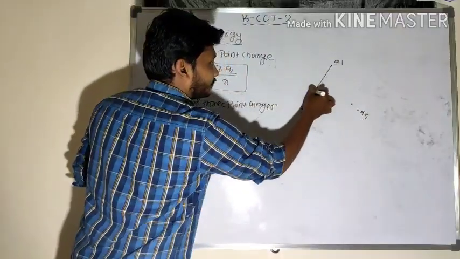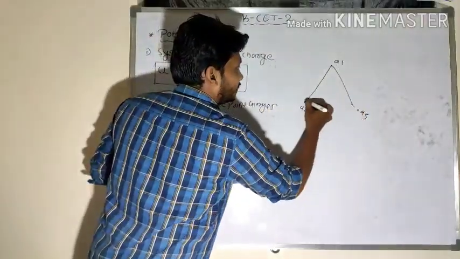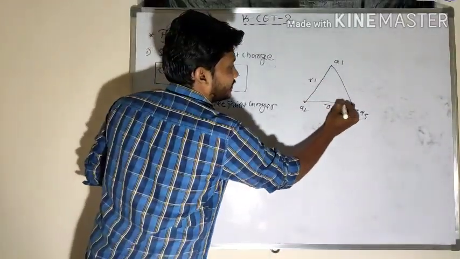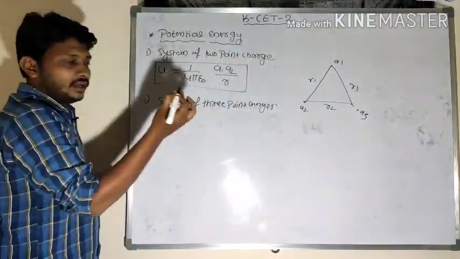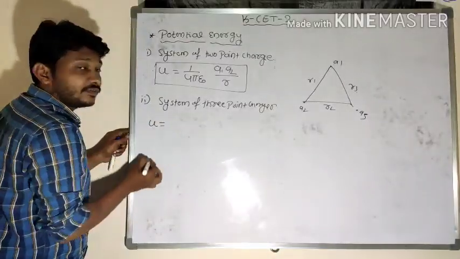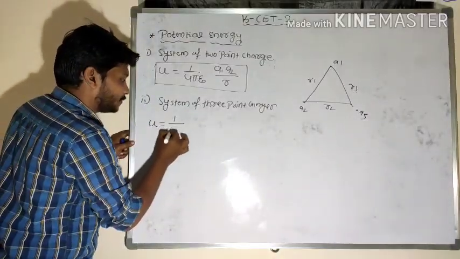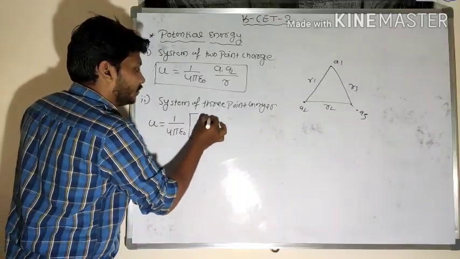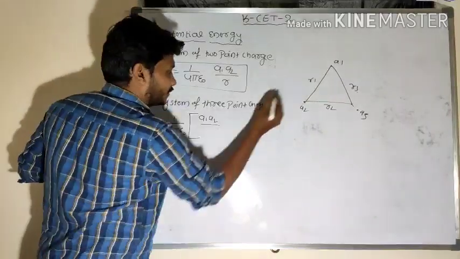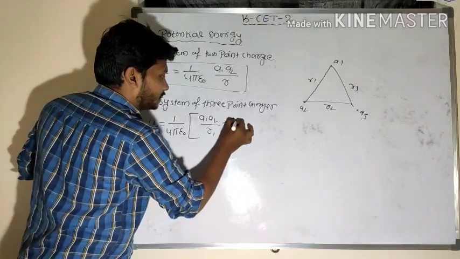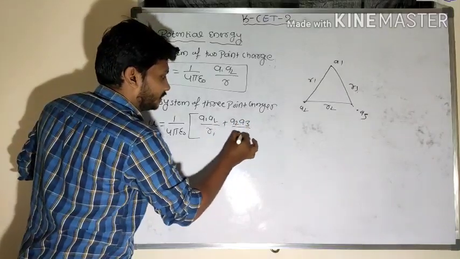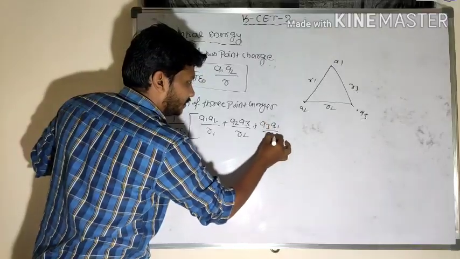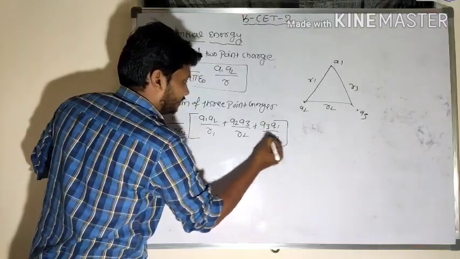The distance between q1 and q2 is r1, this is r2, and this is r3. Then the potential energy is 1 by 4 pi epsilon naught, q1 into q2 by r1, plus q2 into q3 by r2, plus q3 into q1 by r3.